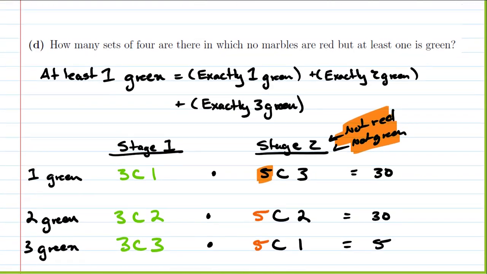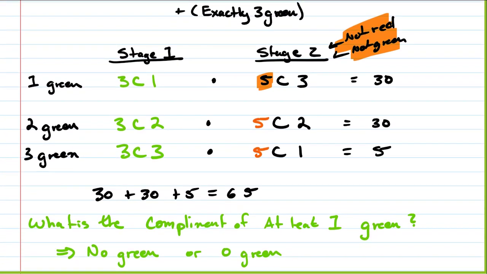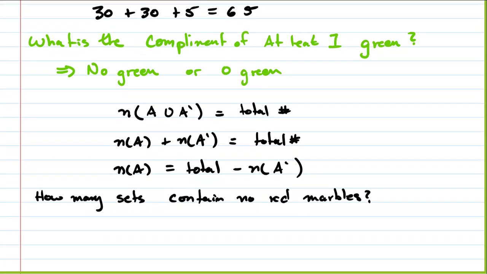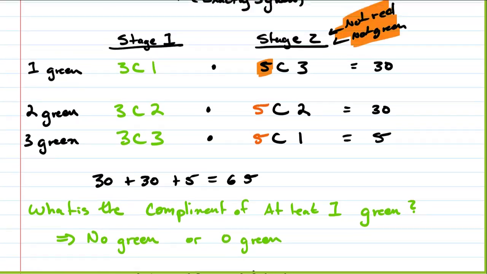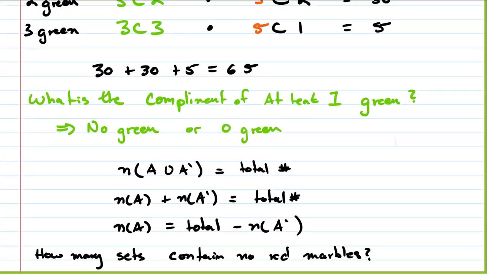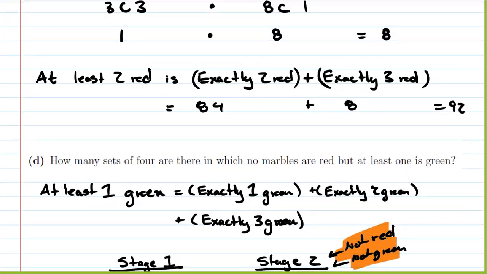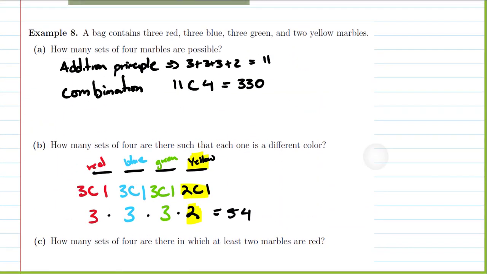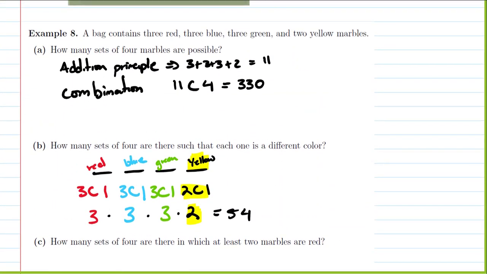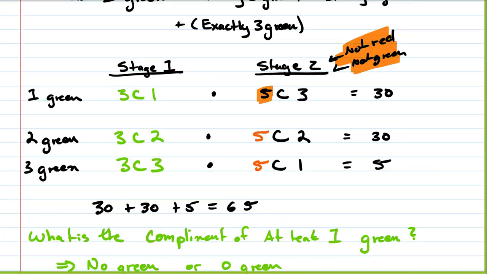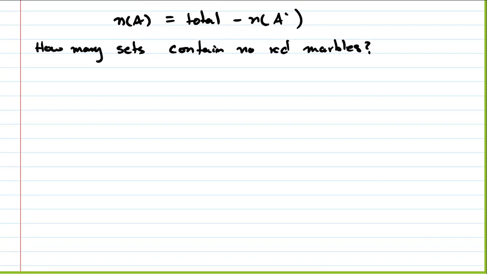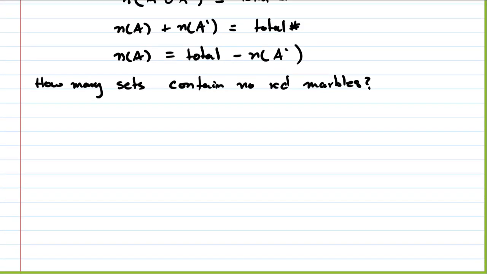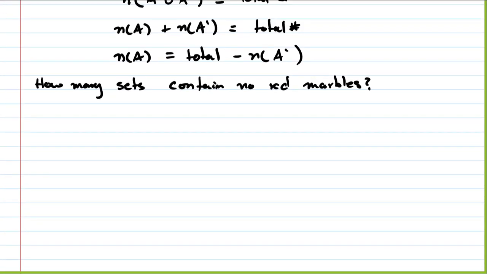How many sets contain no red marbles? So we're going to be choosing 4 marbles from not red. So there's 3 red and 11 marbles. So there are 8 not red marbles, right? So we need to choose.